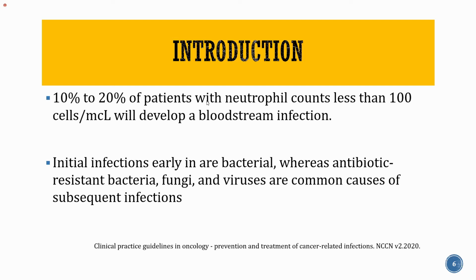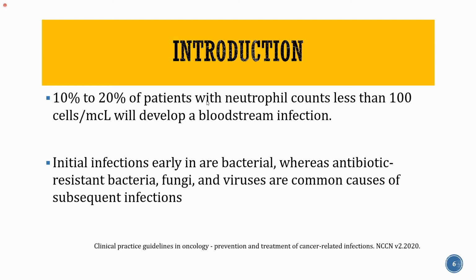Less than 2,000 to 1,500 is grade 1 neutropenia, less than 1,500 to 1,000 is grade 2, less than 1,000 to 500 is grade 3, less than 500 is grade 4, and less than 100, still grade 4, is called profound neutropenia. That's what we see mostly in AML and MDS patients. So these are the patients who actually develop the bloodstream infection.